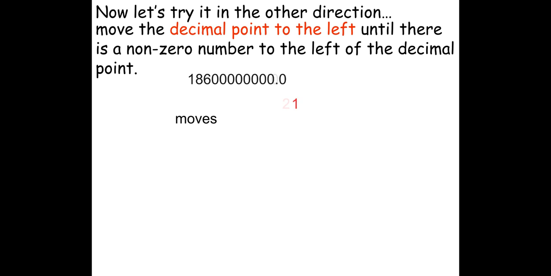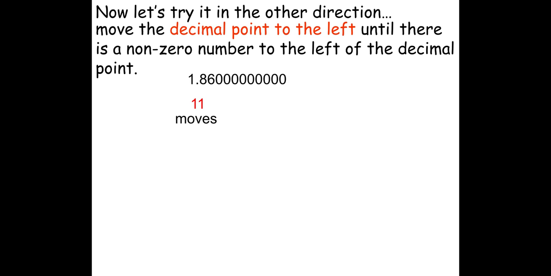So when I'm moving my decimal, I cannot stop at 186 because that number is not between 1 and 10. I cannot also stop at 18.6 because that number is not between 1 and 10. I have to keep moving until I get a number that is between 1 and 10. Here I can stop because 1.86 lies between 1 and 10.